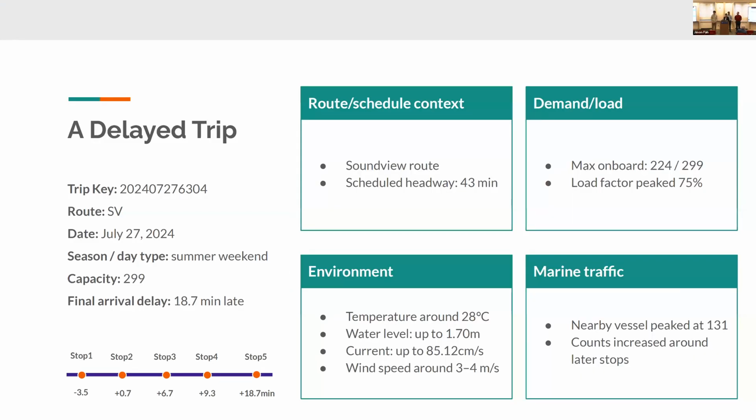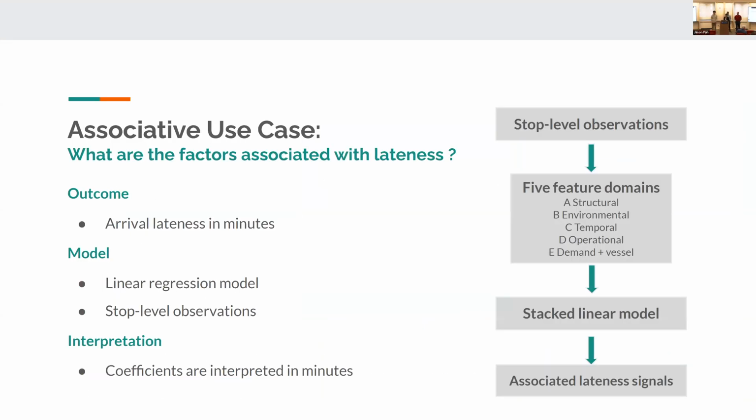For this particular trip, we checked what was happening around it. There was route and schedule context, passenger load, environmental conditions, including temperature, water level, and wind speed, and nearby marine traffic. Since all this happened at the same time, we need a model to separate the signals. The example shows why we need a broader model.